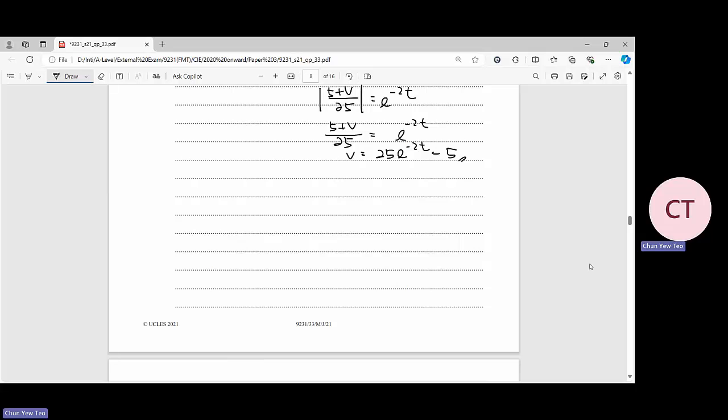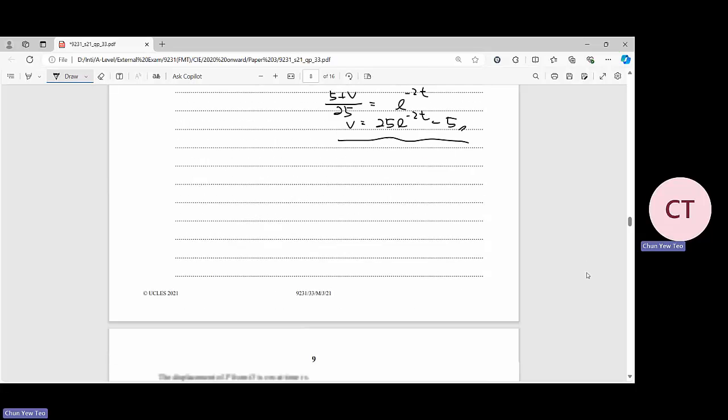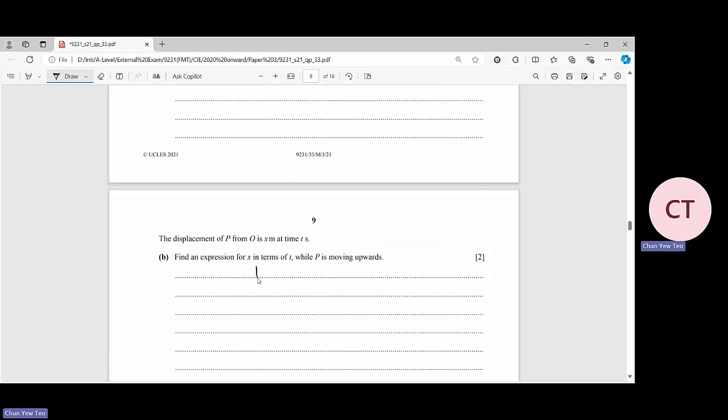So just from the answer here, copy down, make it become v, make it become dx/dt. So you have x equal to the integral of this. Then you get negative 25 over 2 e^(-2t) minus 5t plus d.